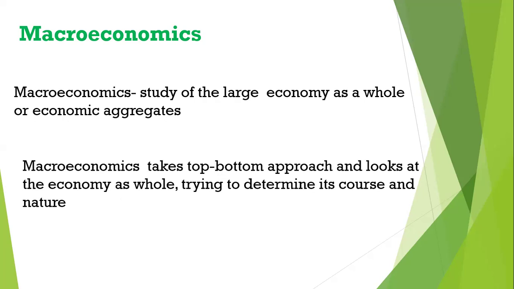Macroeconomics takes a top-down approach and looks at the economy as a whole, trying to determine its cause and nature. So how does this really affect individuals and individual companies?